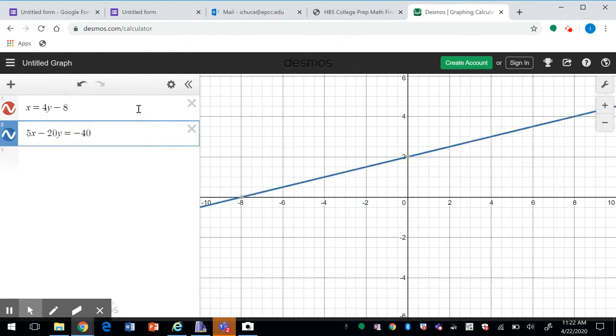So notice it lands on top of the other equation. So there's the first one in red, and then the second one is blue. It falls on top of it. So what that means is that all of these points are going to be common to both lines. And so that's why we say it's infinitely many solutions.